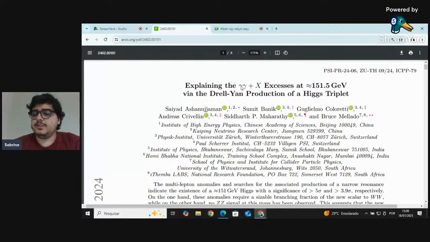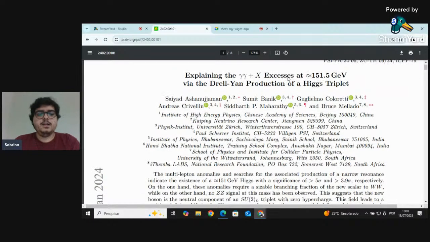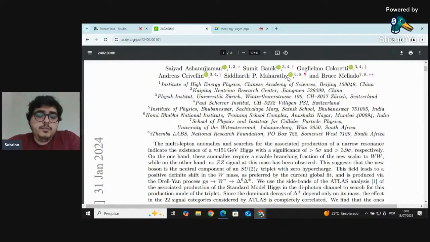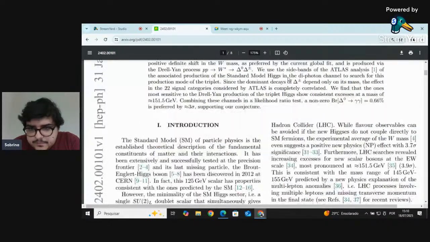The paper I choose to present today is this: explaining the gamma gamma plus X excesses at 151 GeV via Drell-Yan production of a Higgs triplet. So the idea is to explain anomalies that come from multi-lepton searches and a narrow resonance that indicates the existence of a new particle, a scalar, at 151 GeV, or in between 140.